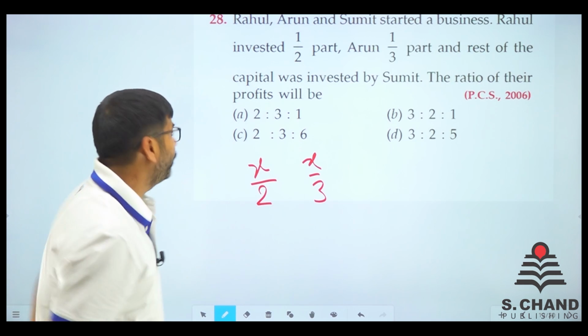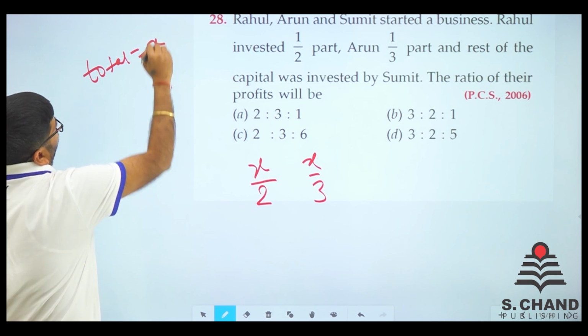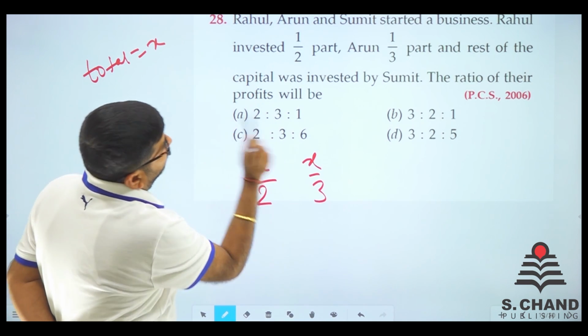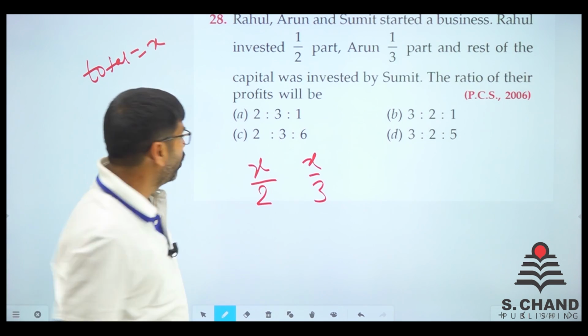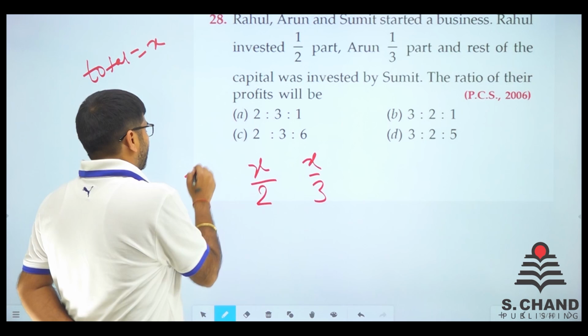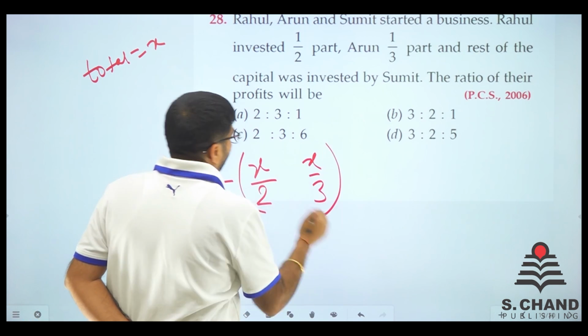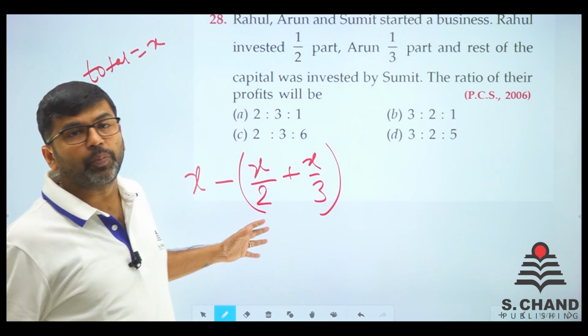Why is this x/3? Say for example, the total is equal to x. So 1/2 part of x was invested by Rahul, and 1/3 part of that was invested by Arun. So when we do x, that is the total portion, minus Rahul's and Arun's portion, we will get Sumit's portion.